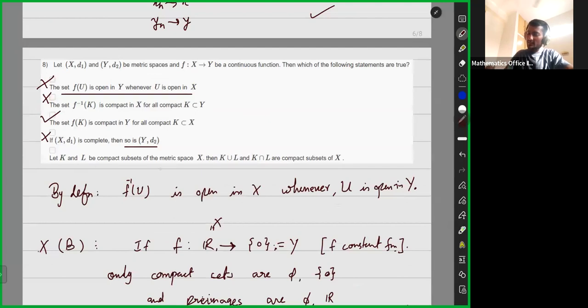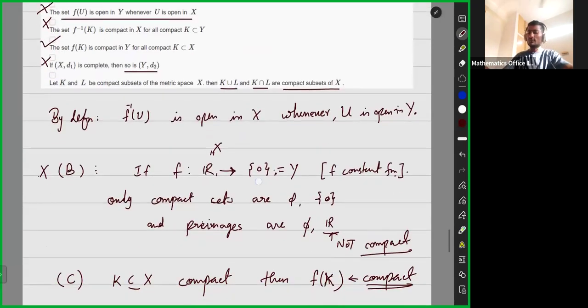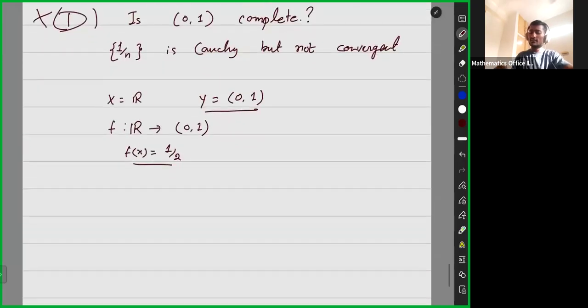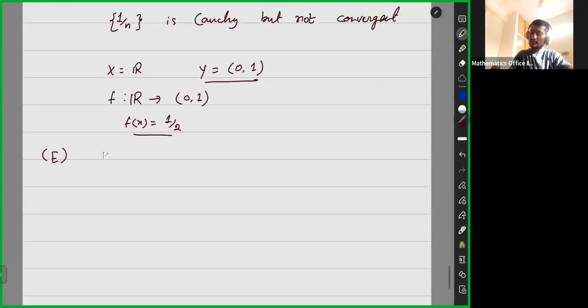Now the last option. K and L are compact subsets of a metric space, then their union and their intersection are also compact subsets of X. See, one is using the theorem about intersection. The intersection of closed sets is what? K intersection L is closed, right?